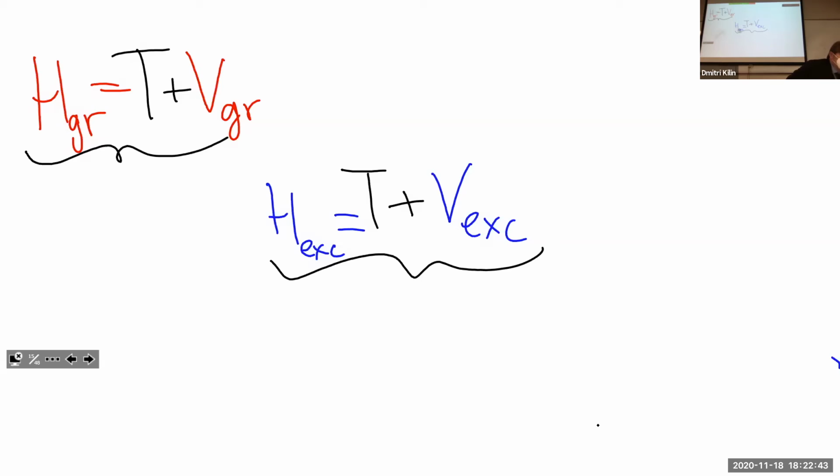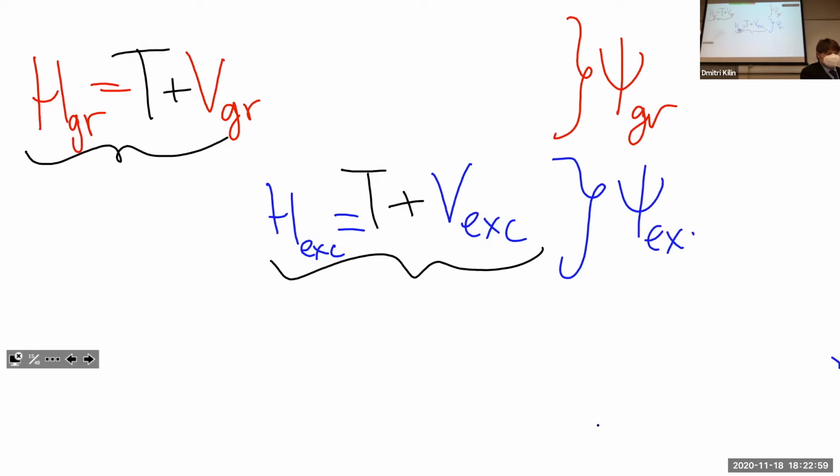So let me try to summarize. We do need a portion of the wave function for the ground, and we need a portion of the wave function for the excited. Right? Yes.